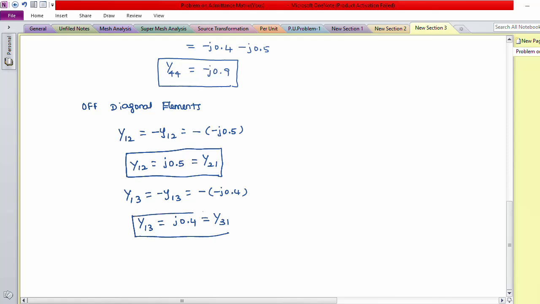Similarly, for y14 equal to minus small y14, that is minus of the line admittance between bus 1 and 4, which is minus j 0.4. So y14 equal to j 0.4, that will be equal to y41.